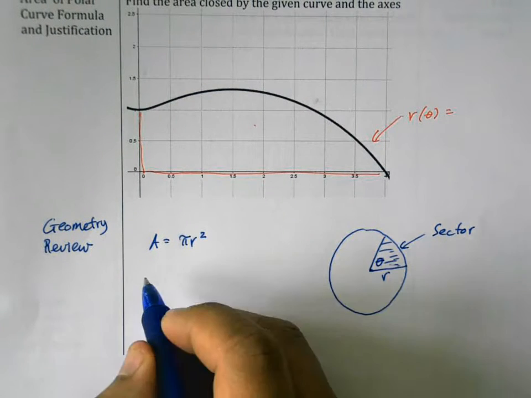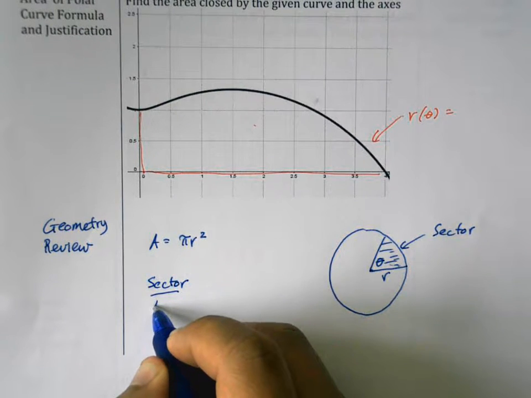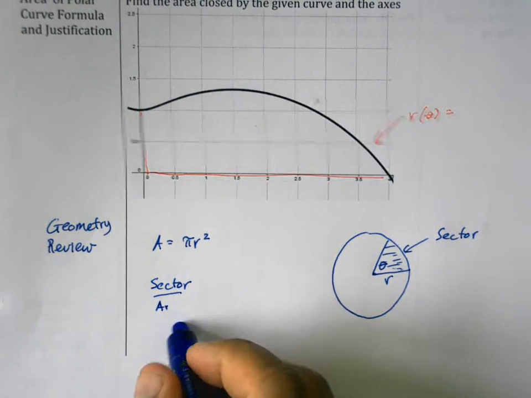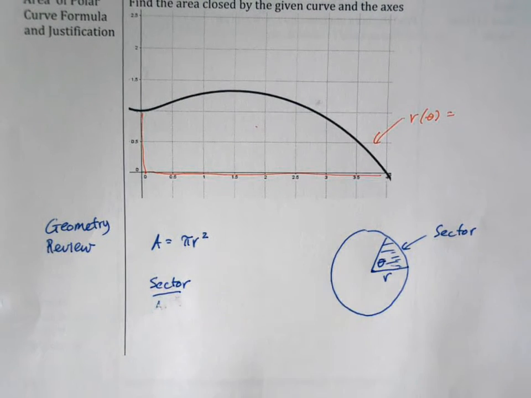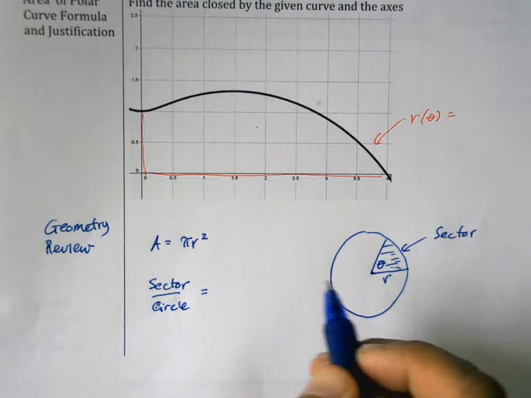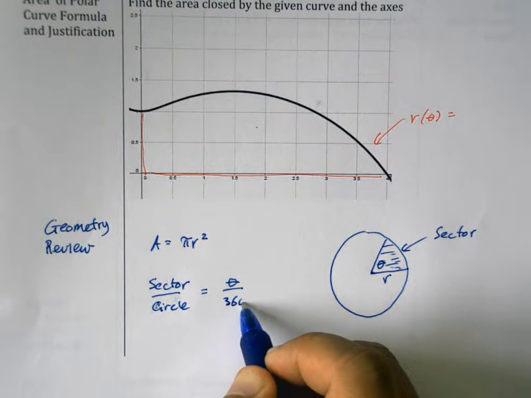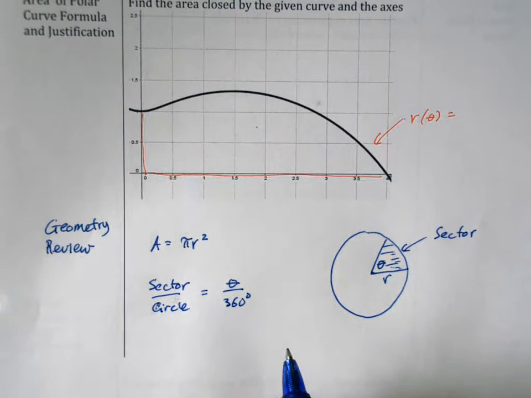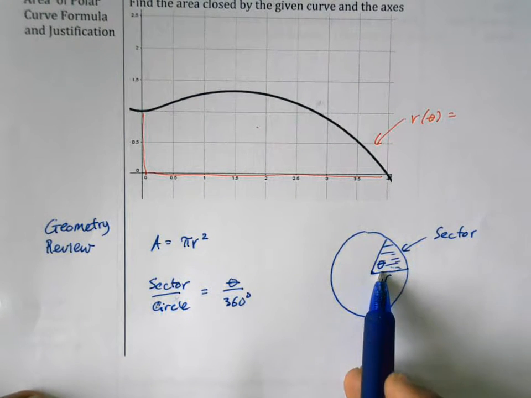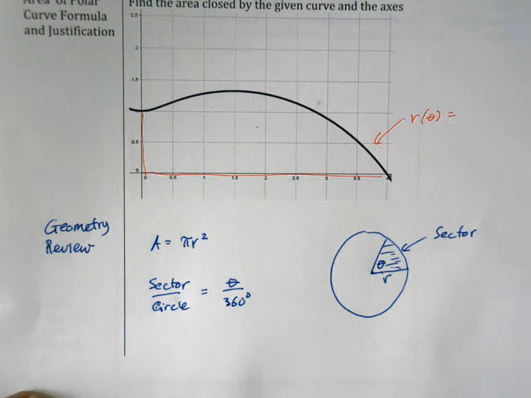Traditionally, we set up a proportion: the area of the sector over the area of the circle is equal to theta over 360 degrees. And this makes perfect sense because if theta was equal to 180, you would have half a circle, and the area of half a circle is 1/2 times the area of the circle.